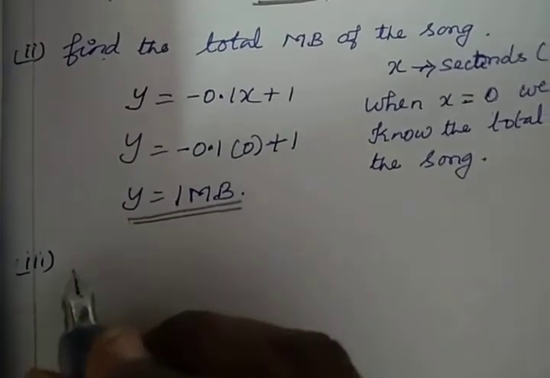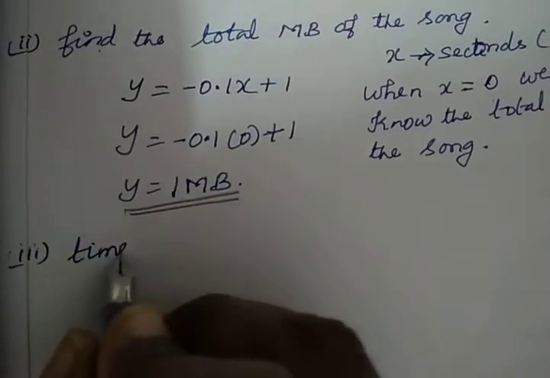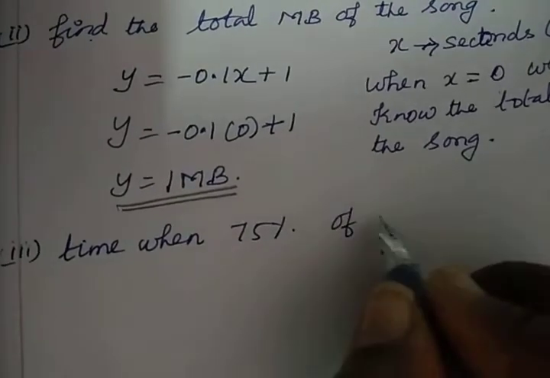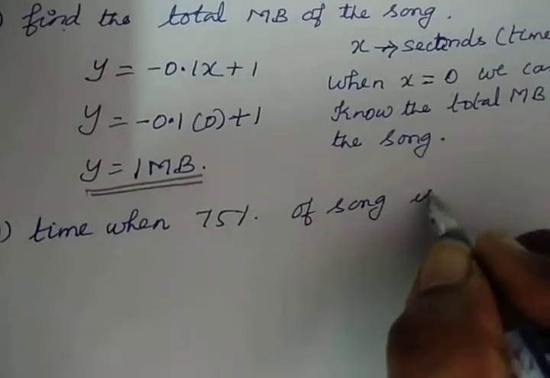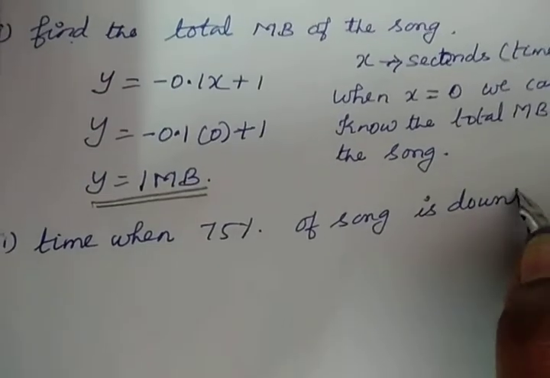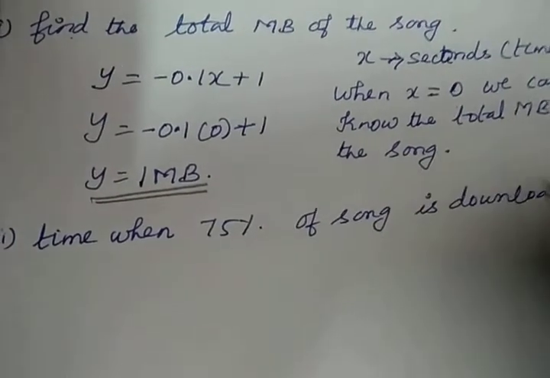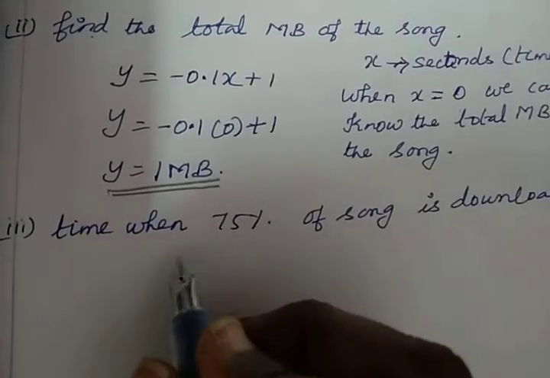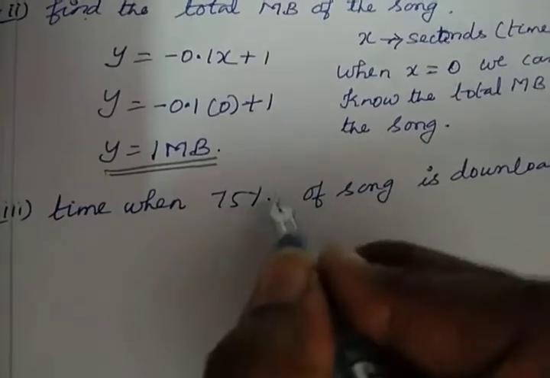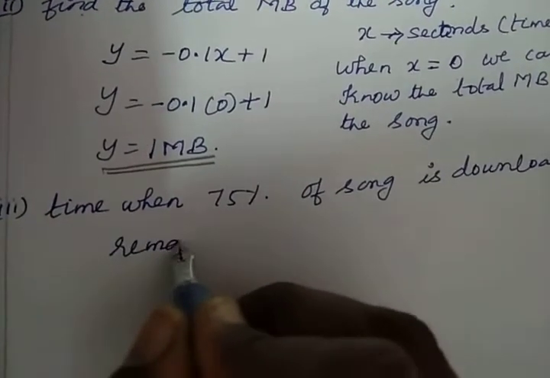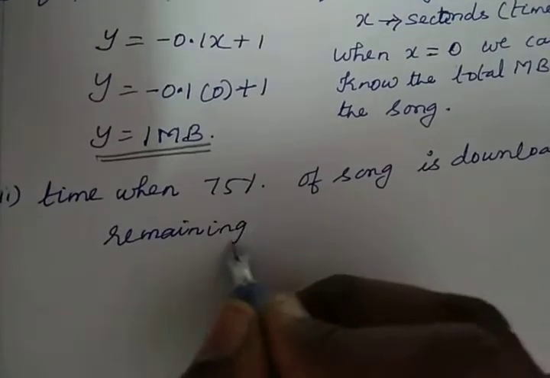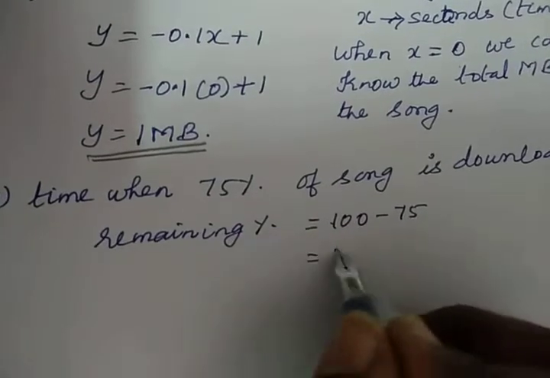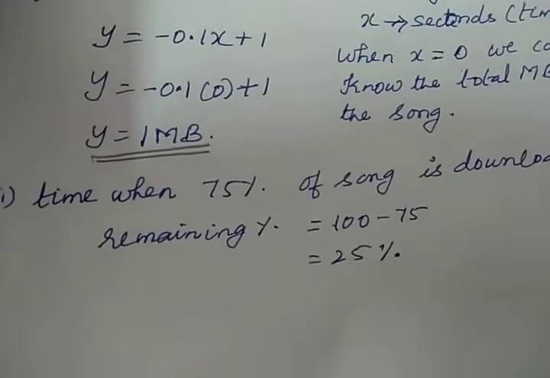Third subdivision is: the time when 75% of the song is downloaded. Children, 75% of the song downloaded means, what is the remaining percentage? 100 minus 75 equal to 25% will be the remaining percentage, right?